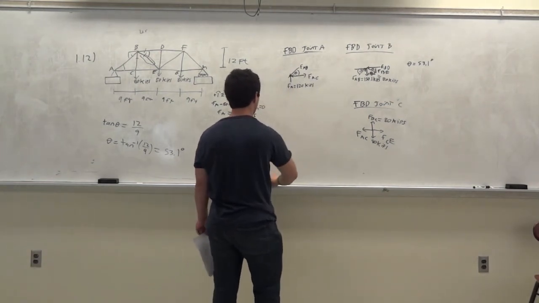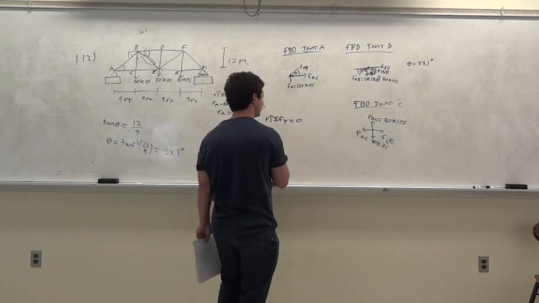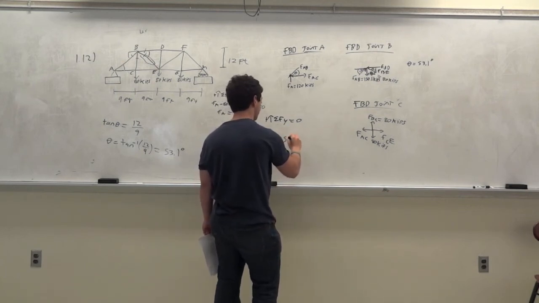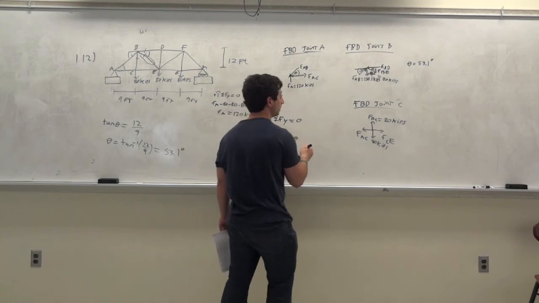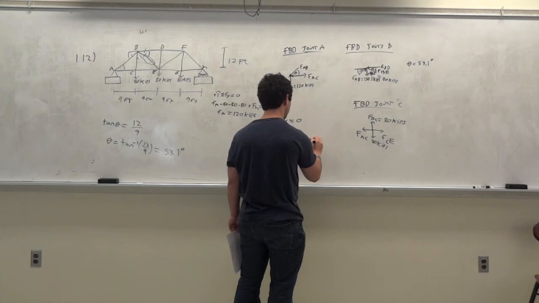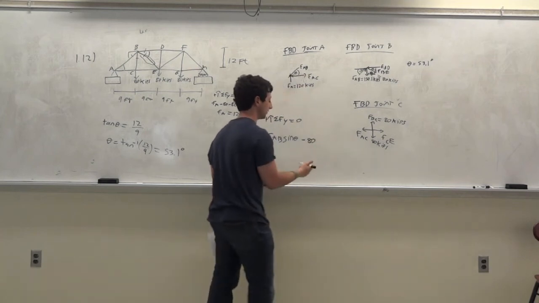So let's sum the forces. Summing the forces in the y direction to be 0, taking upwards to be positive. You have FAB sine of theta, which is known. You have minus 80. That's FBC. So maybe I should just put, no, whatever. You guys follow what I'm doing.